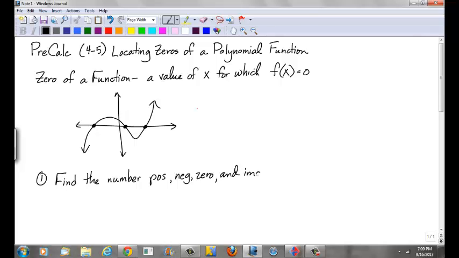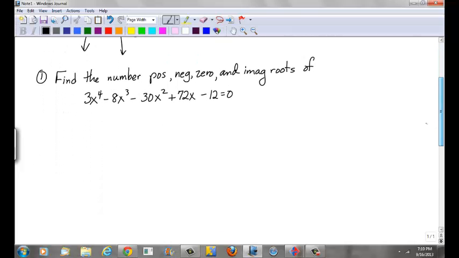You can abbreviate it. And the equation is 3x to the 4th minus 8x to the 3rd minus 30x squared plus 72x minus 12 equals 0. Find the number of positive, negative, 0, and imaginary roots.